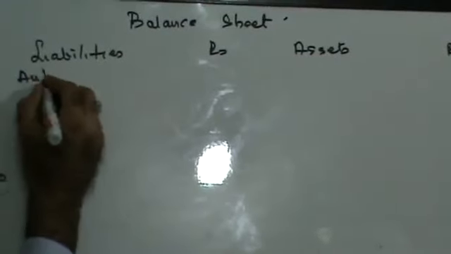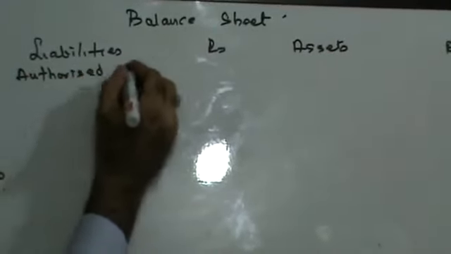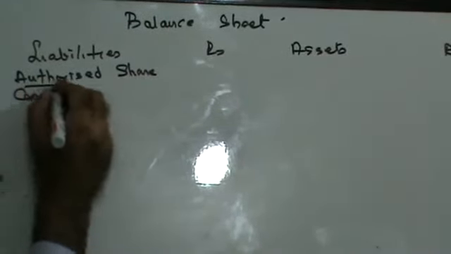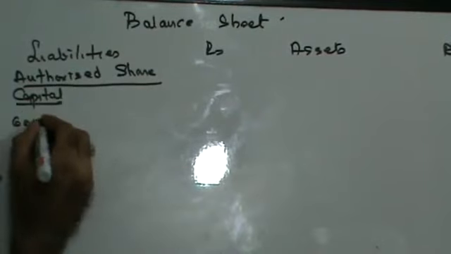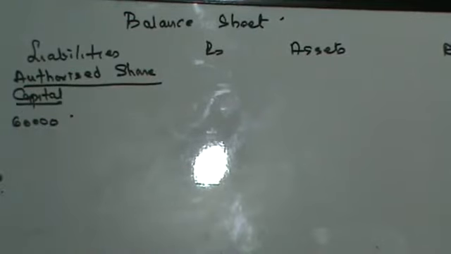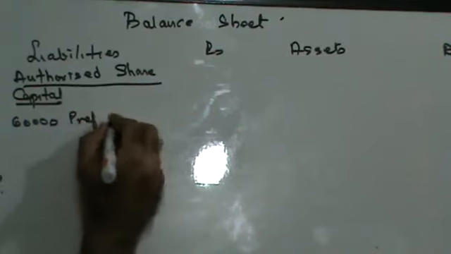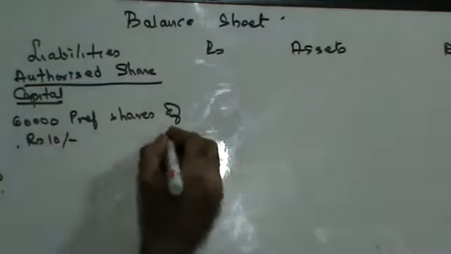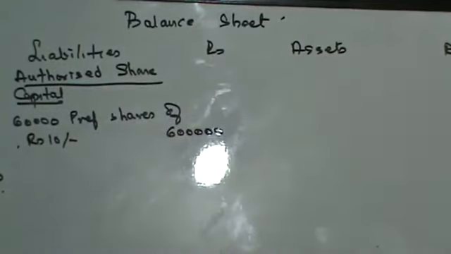Let's start. They are saying that the authorized share capital, the first journal entry, the authorized share capital is to be restored to 60,000 preference shares of rupees 10 each, 6 lakhs, right?